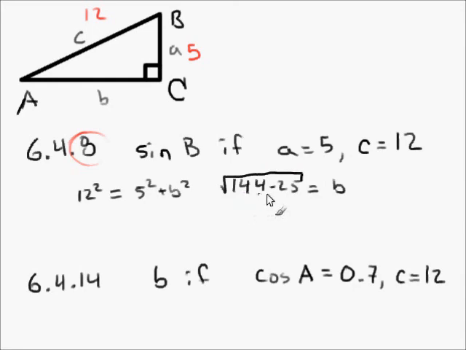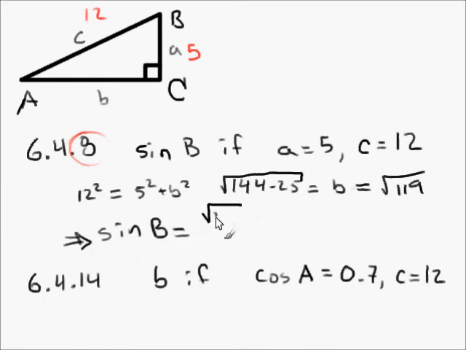This is the square root of 119. That's not a perfect square. So that means that the sine of B, can't simplify that anymore, is the square root of 119 over hypotenuse, 12.